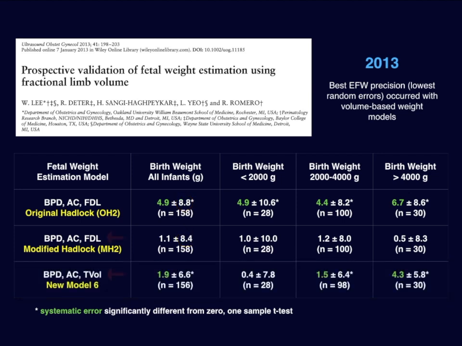By simply replacing the FDL measurement with TVOL, there was a small systematic overestimation of 1.9%, but the random error significantly decreased to 6.6%, exactly the low random error observed in an earlier retrospective cohort that was used to develop these weight prediction models. When the results were stratified by birth weight, less than 2,000 grams, 2,000 to 4,000 grams, and greater than 4,000 grams, one could see improved random error or precision for larger fetuses with increasing soft tissue accumulation.